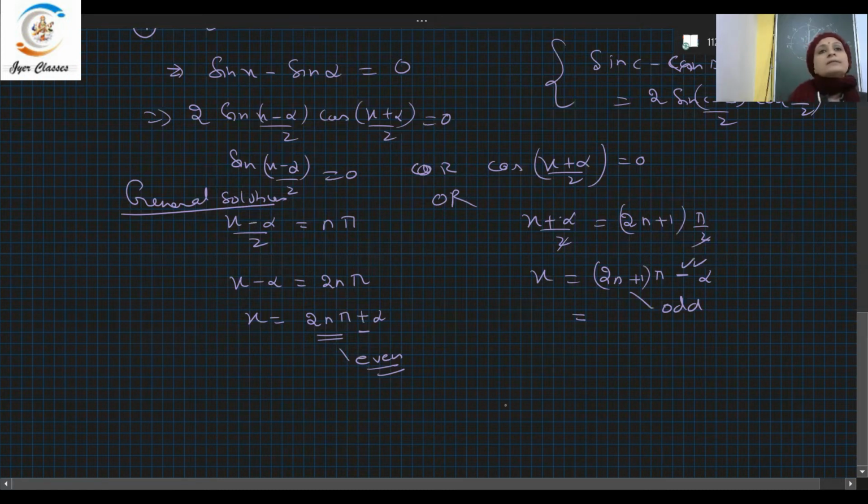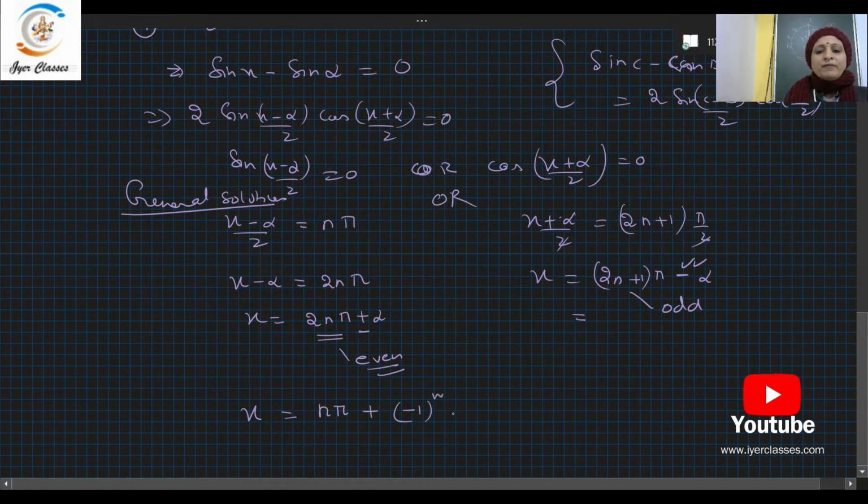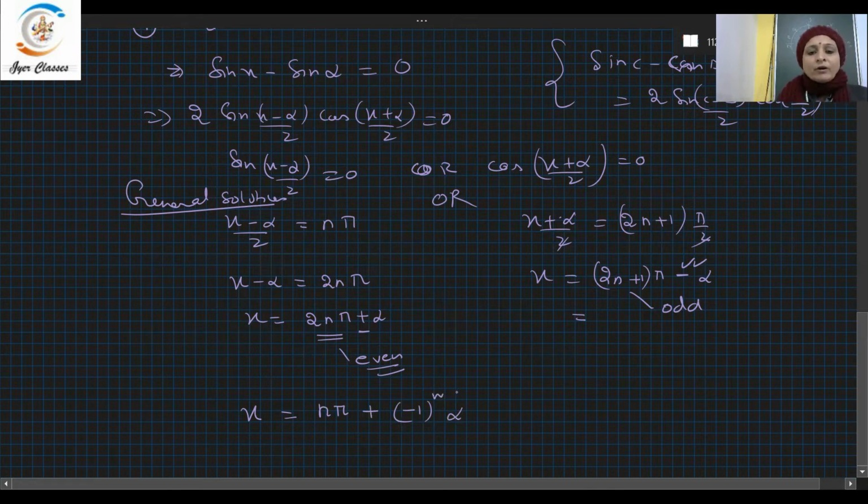I can combine this into one particular solution. I can put this as x is equal to n pi plus minus 1 raised to the power of n multiplied by alpha. So automatically what happens? Now if you have got this n ka value, consider this n ka value. If it is odd, I'll get negative. And if it is even, I'll get what?